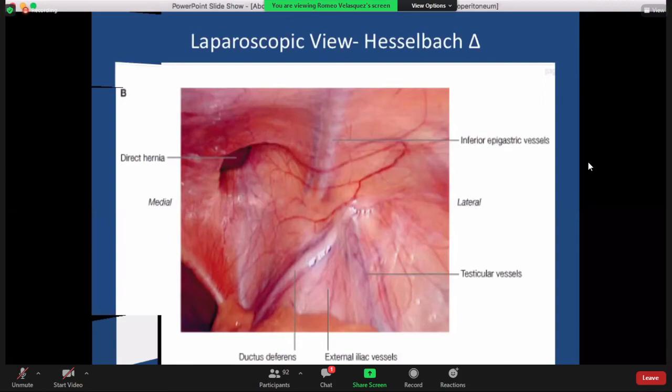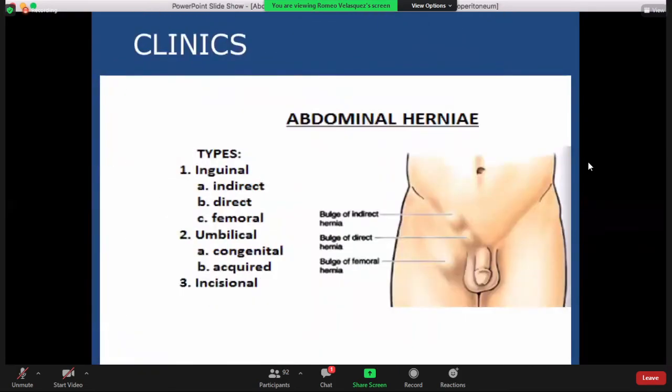In the clinics, this is how these hernias will present as bulges. Along the region of the inguinal ligament, you will see these groin hernias, whether it's direct or indirect. Like I said, it will be up to the surgeons to declare that, not during physical examination.